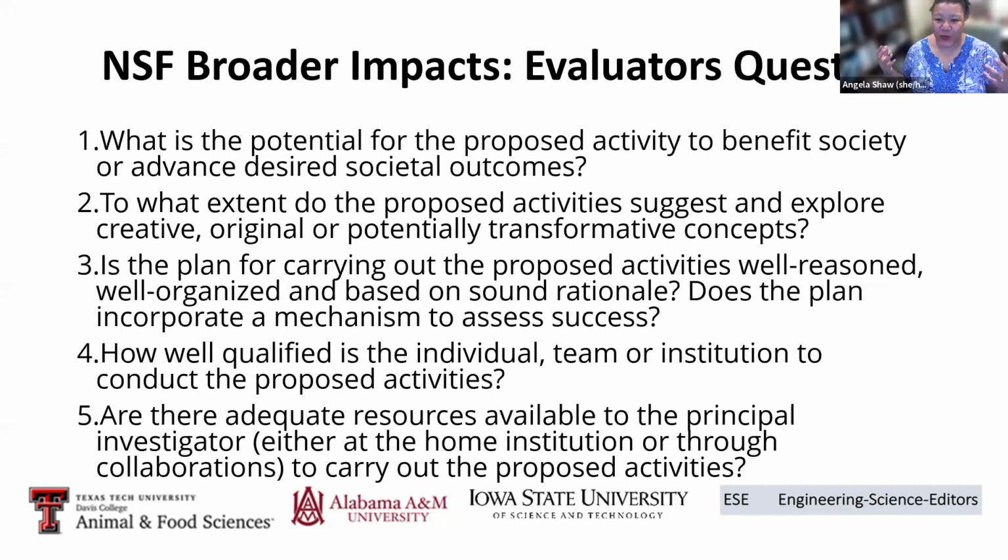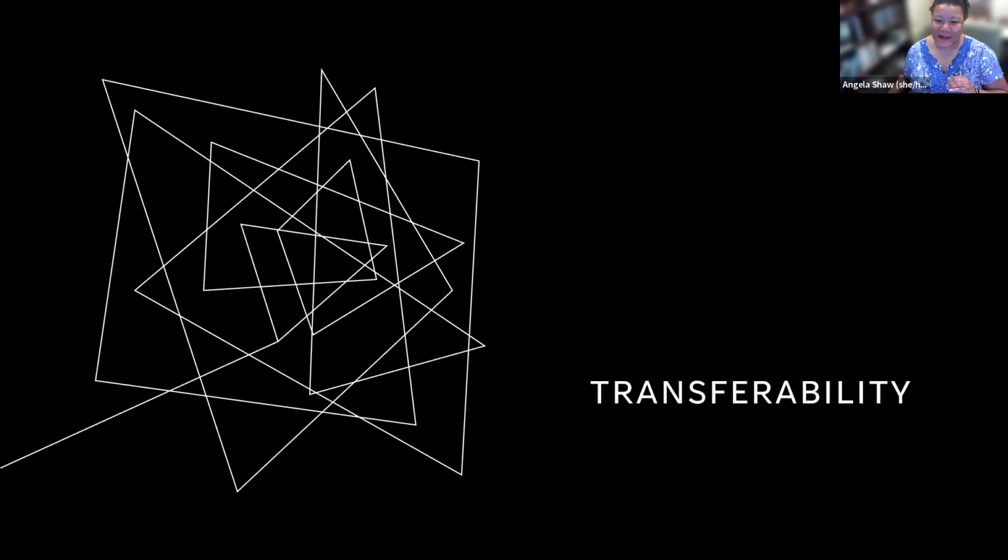And the reviewers are asking the question of your proposal: how is that going to advance our societal outputs and benefit going forward? In your grant, do you have specific research plans that are going to move these things forward? Is it well organized? Does it have a sound rationale behind it? Do you have the right team and resources? So these are the evaluation questions that they have related to your impact.